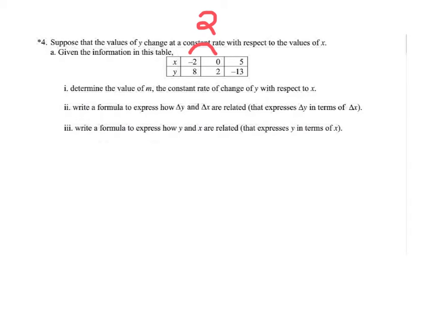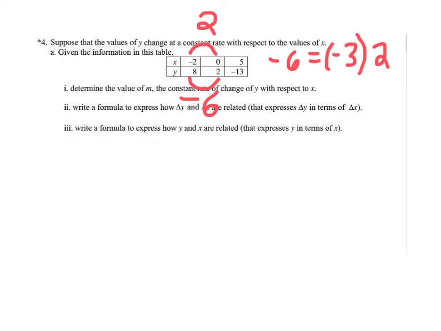Similarly, as y changes from 8 to 2, the change in y is -6. With this relationship, -6 is -3 times as large as 2. So m may be -3 if it remains constant throughout this problem.